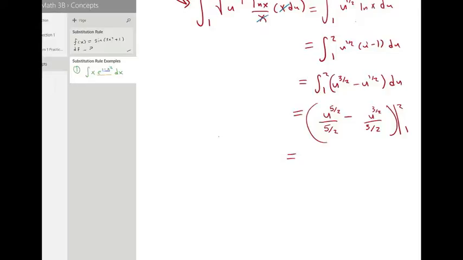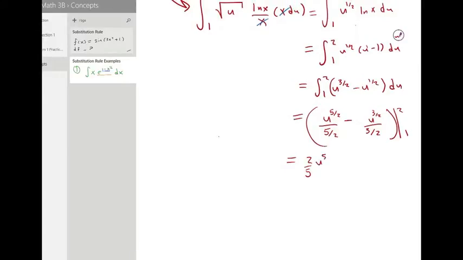And since this is a definite integral, we're not going to plug back in. This 5/2 on the bottom will become multiplication by 2/5. And this division by 3/2 will become multiplication by 2/3. And now we're ready to evaluate it.